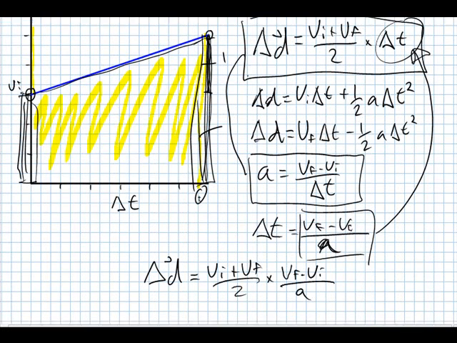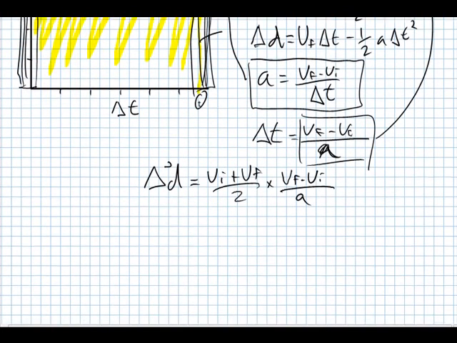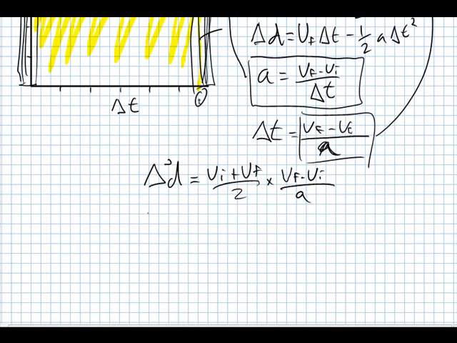I'm going to make a slight change here to make it a little easier: vf plus vi over 2 times vf minus vi over a.